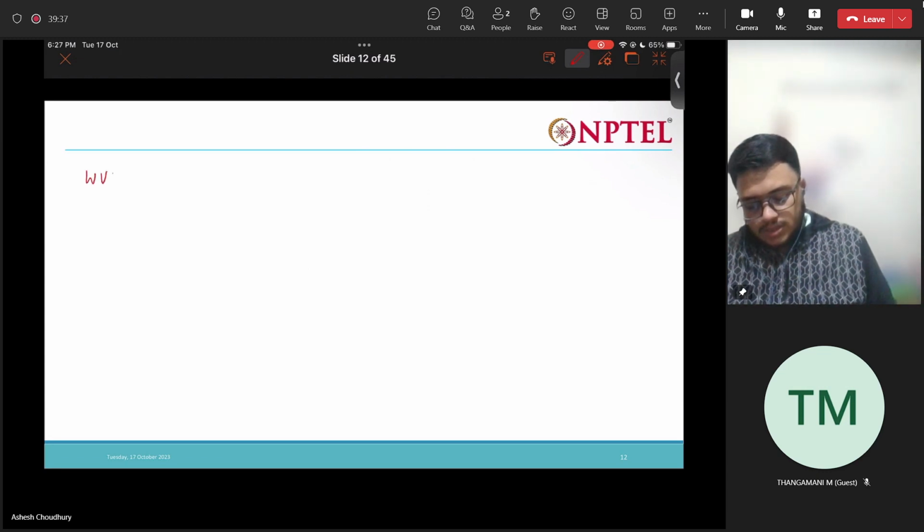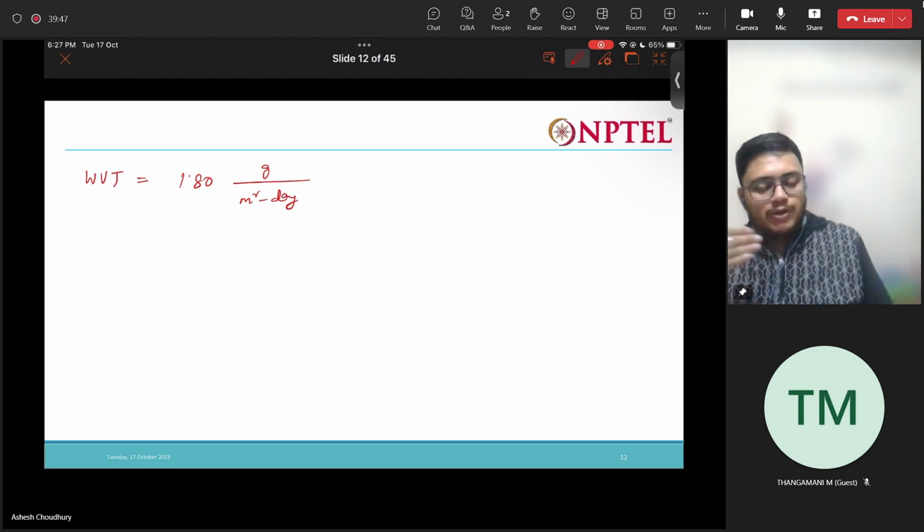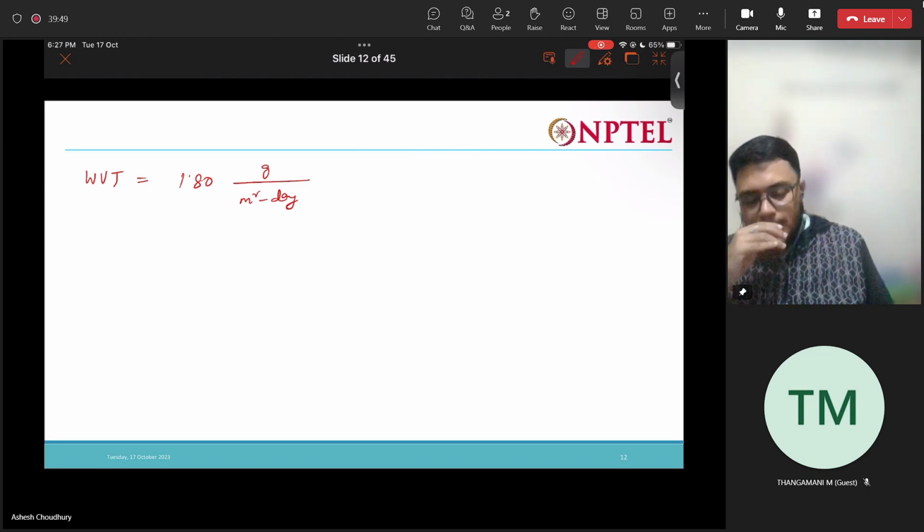So WVT is 1.80 gram per meter square per day. Now, in order to convert meter square to cm square, we will multiply by 10 to the power 4.